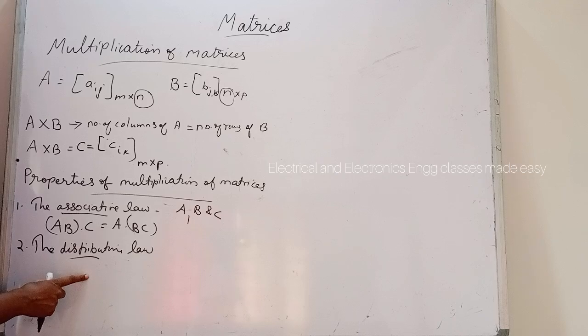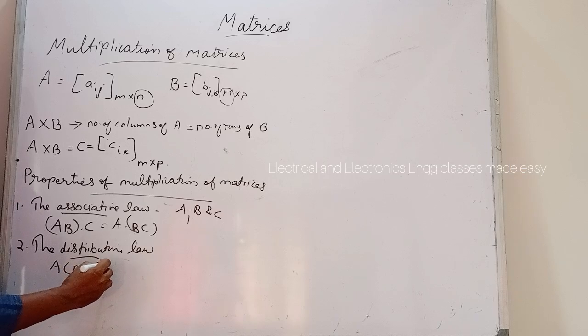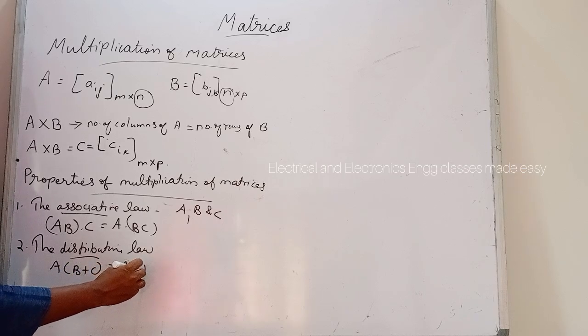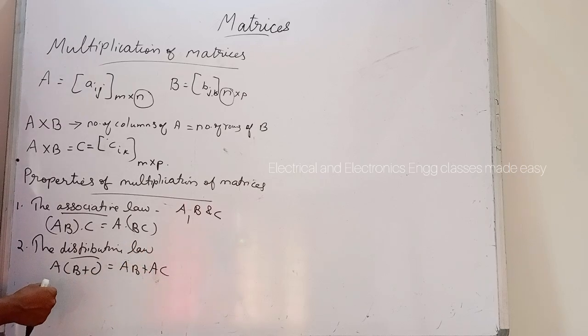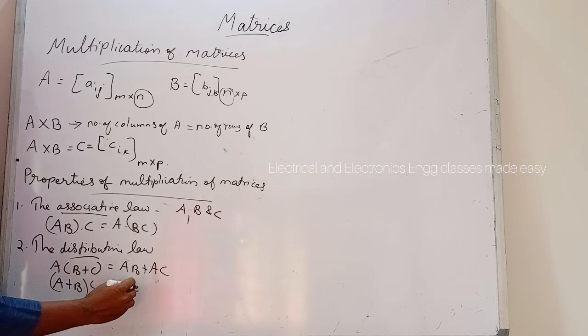So distributive law is A into (B plus C) is equal to AB plus AC. Also (A plus B) into C is equal to AC plus BC.